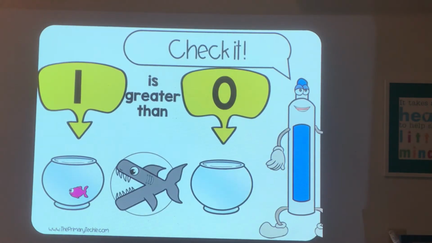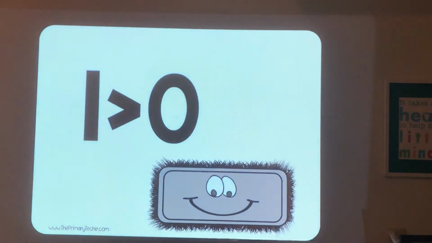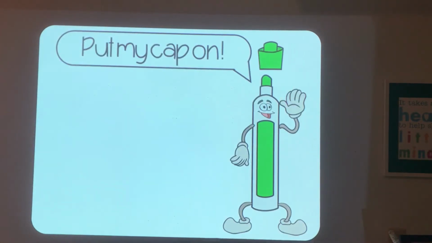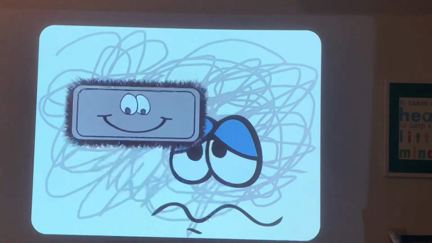Oh no! That shark might eat that one fish, because it's the only one. 1 is greater than 0. Oh, he must have ate it. It's over. Put your cap on. Oh my goodness, I bet he ate that last fish.